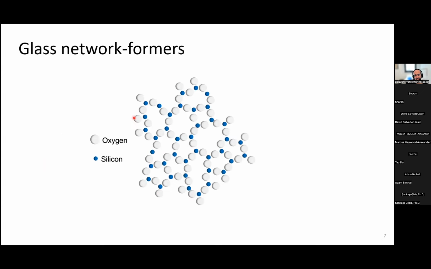It's a nice glass former, but the temperature to melt this is very high. So we could make this, and this would actually also make for nice products, at least used in some applications. But the melting point of this very connected network is very, very high. So as has been done for hundreds of years, we modify the structures of materials like silica.